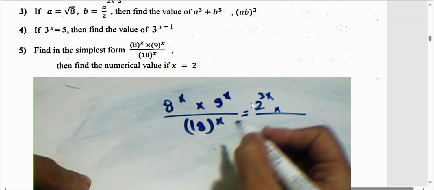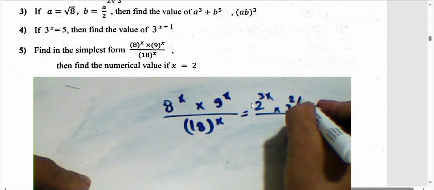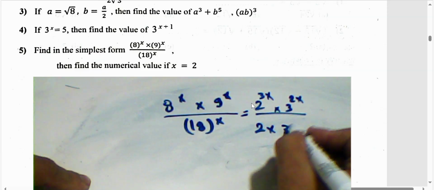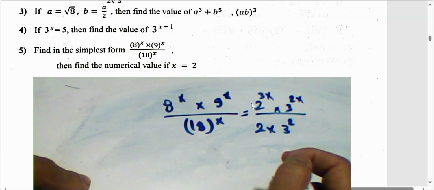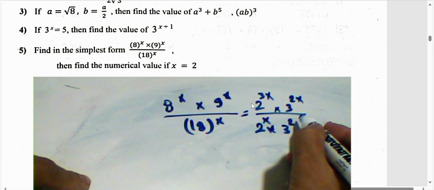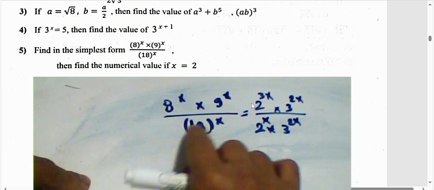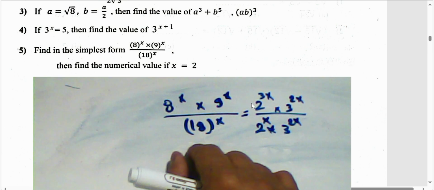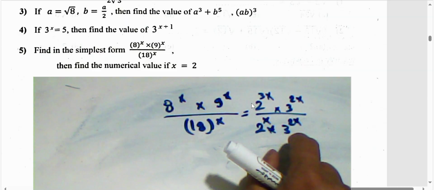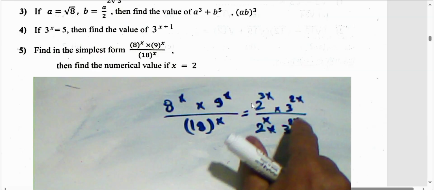And here also 9 equals 3 power 2, 3 power 2 all power x. And 18 equals 2 times 9, and 9 equals 3 power 2. 3 power 2 equals 9, 2 times 9 equals 18. Okay, and x here product by x. We must raise the power, converting these numbers to exponential form. Okay, 2 power x and 3 power 2x, because 3 power 2 equals 9, 2 times 9 is 18.